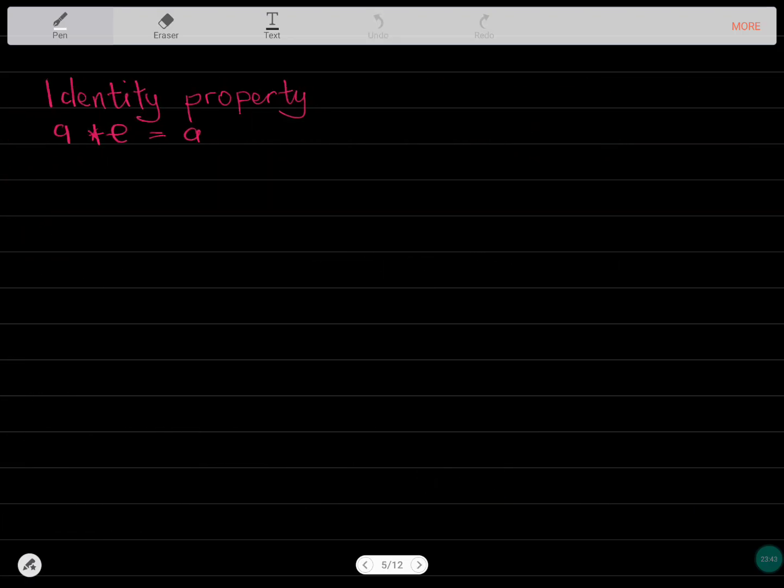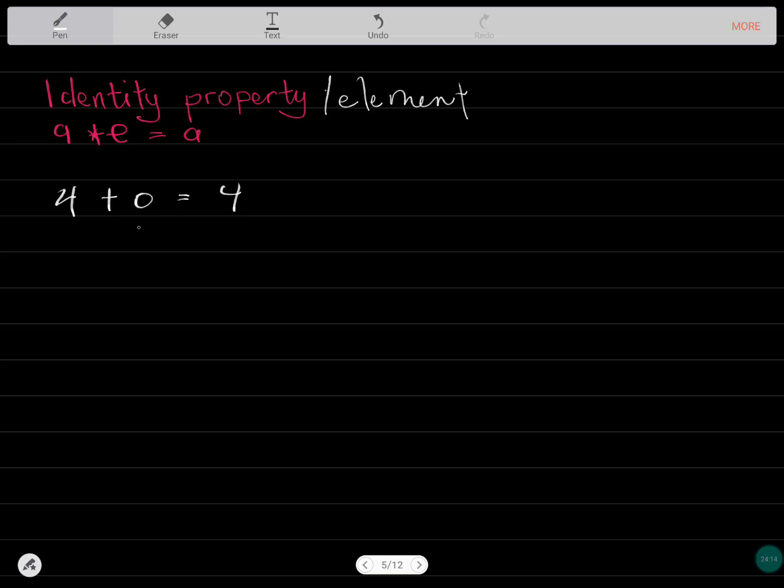Now let's move on to identity property. When we say identity property, we are looking at what we usually call elements or a particular value. So let me put 4 here. What do we have to add to 4 to get 4? That is what identity property is saying. The element that will work with an operation to produce the same value it worked on before is what we call the identity element.